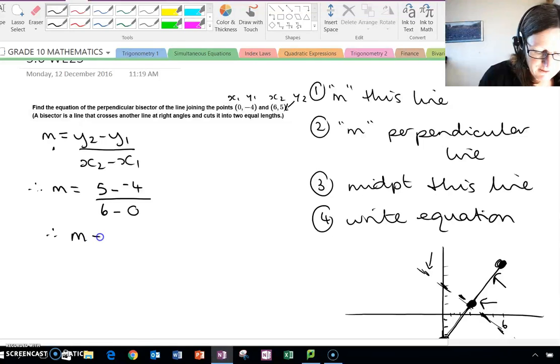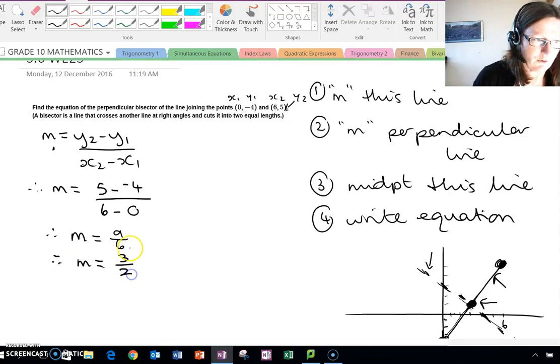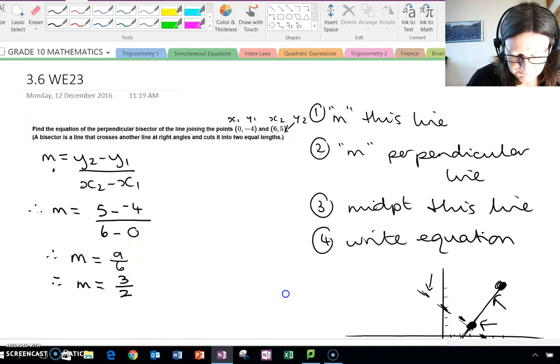So the gradient is 5 subtract -4, which is 9, over 6. I can simplify that because 3 goes into both. The gradient is 3 over 2.